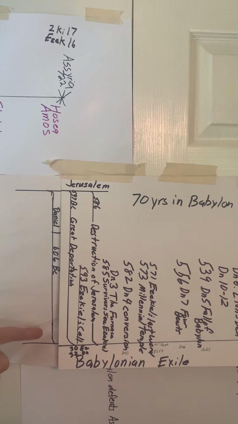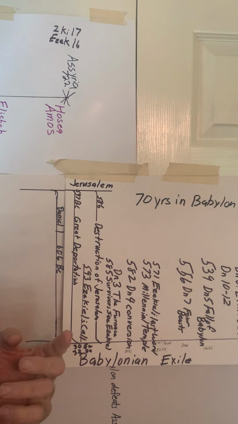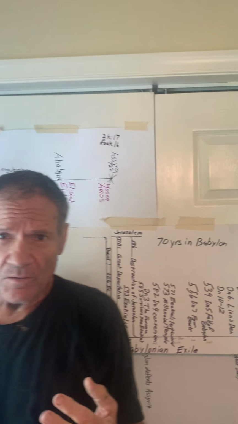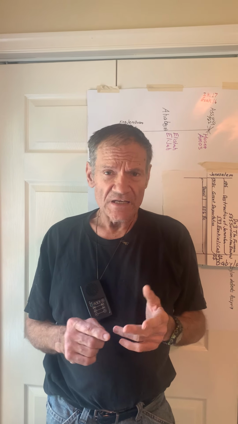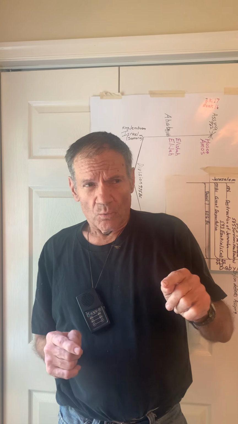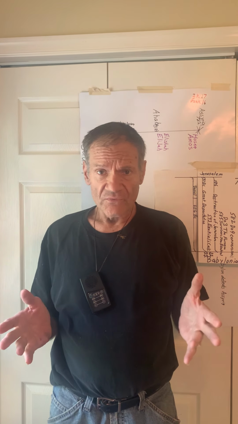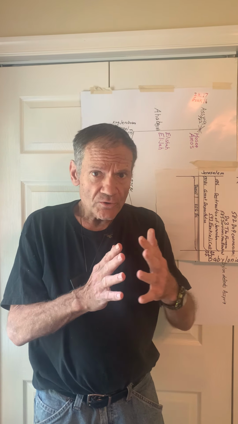Now, something interesting happens in chapter 1, because it says early on that Daniel would remain until Cyrus the king, until the first year of Cyrus the king. That is huge. What it means is that Daniel is the only guy who's going to provide us with historical and prophetic information all during that 70-year time frame.